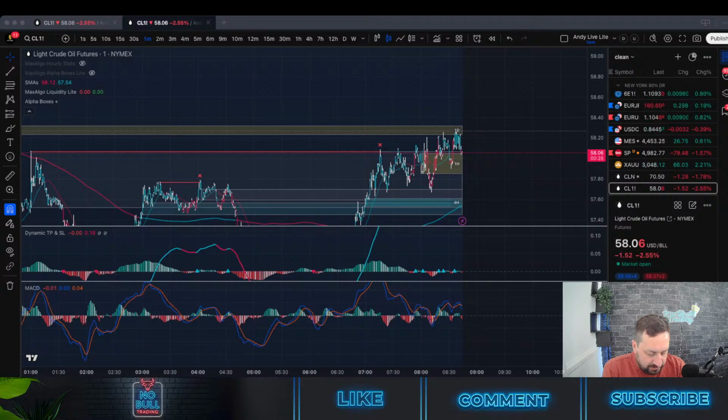The God candle. I need to see what that is. And see the bounce in between CL, the daily, and the 1 hour.